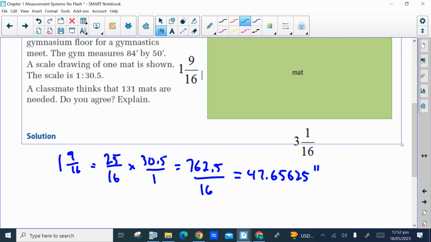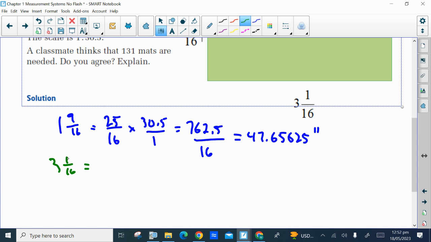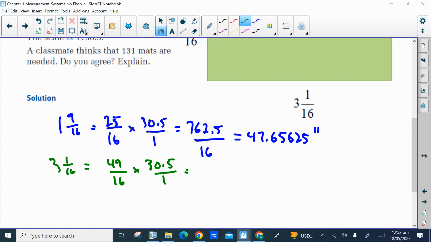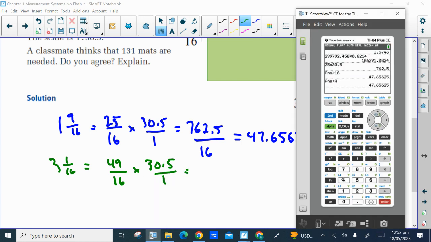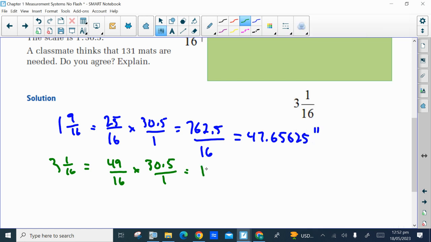So now the length of it is 3 1/16 of an inch. If we write that as an improper fraction, 16 times 3 is 48, plus 1 is 49 over 16. And again, that's multiplied by 30.5 over 1. So 49 on top times 30.5 is 1494.5 over 1 times 16.